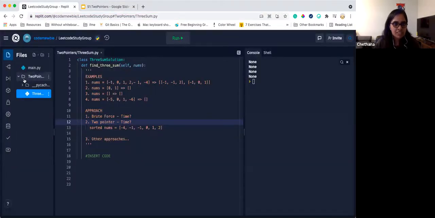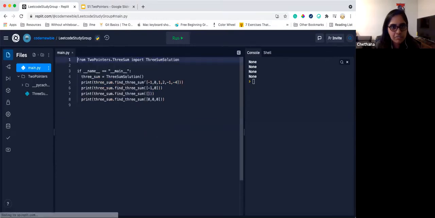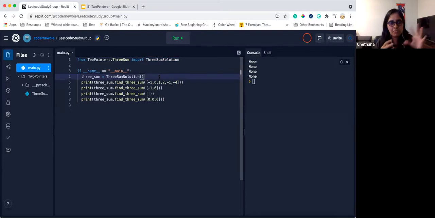Okay, so I hope everybody can see my screen. What I've done here is create a REPL with just this particular session, and there's a main.py where you're importing the threesome Python file that I had there, where we're going to write out our solution.